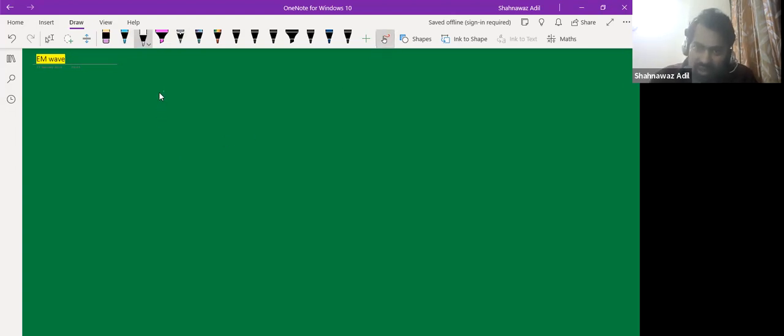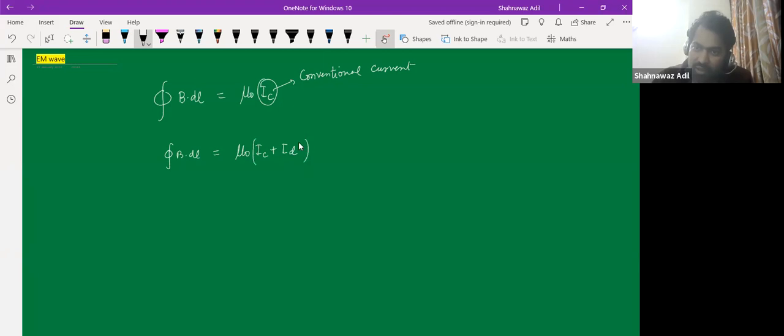So we had this Ampere circuital law, or this was what? The integral of B dot dl was mu naught I enclosed. So this I was the conventional current. But Maxwell corrected this thing. So the Maxwell correction was what? This was mu naught times (I_C plus I_D), where I_D is the displacement current.